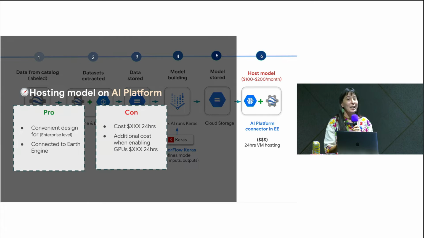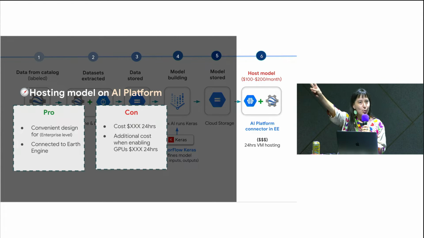However, the reality is that most of you want to connect a model back into Earth Engine, and so I wanted to just share two more steps. The first is you can, instead of hosting it in Cloud Run, actually host it in AI Platform, which is integrated with Earth Engine.